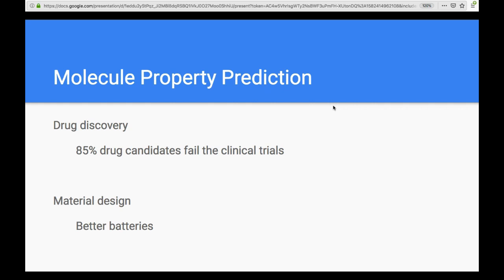Secondly, we can also use this kind of technique for better material design, because currently we don't really have an efficient way to discover new materials. Or actually we are quite efficient, but we can be more efficient.